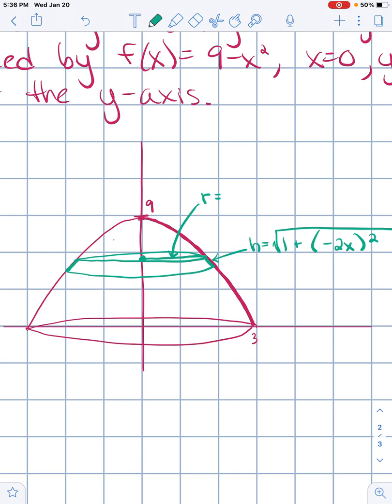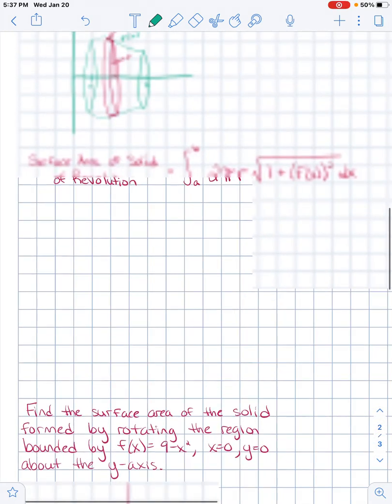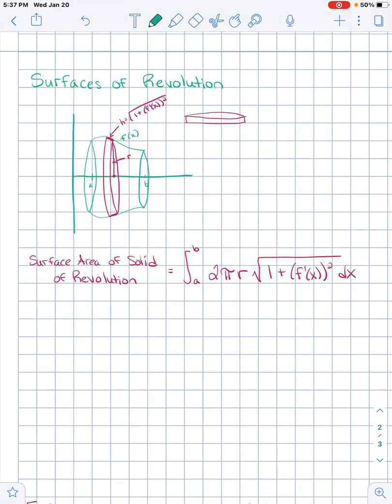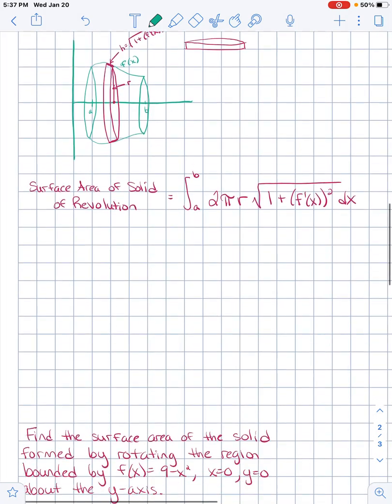We can't just say that it's 9 minus x squared, because the radius is coming from the y-axis and not the x-axis. So in this case, the radius is just some x value, and that x value changes as we move up and down the y-axis. So the radius in this case is x. In the case up above, the radius was the function itself.